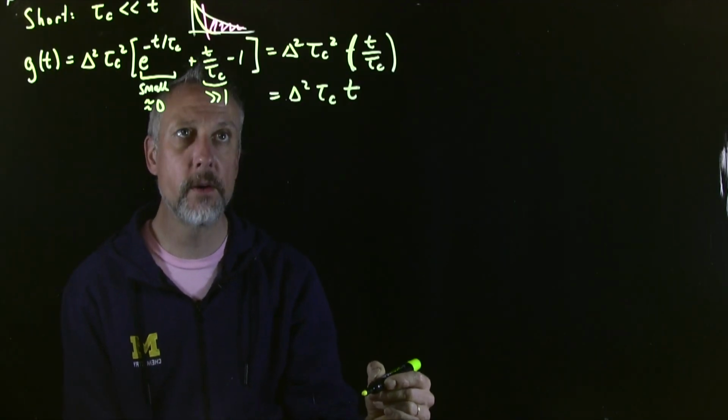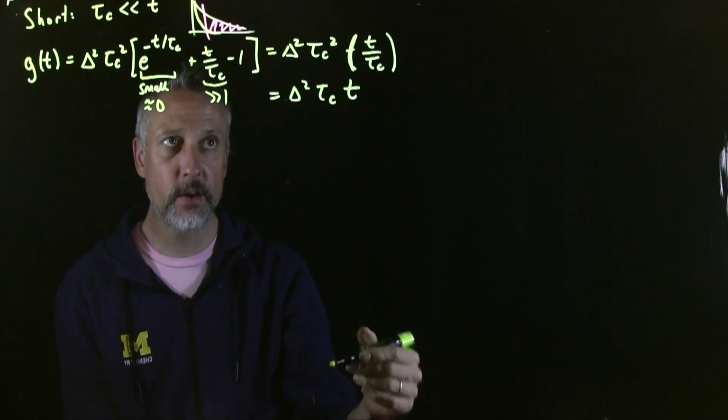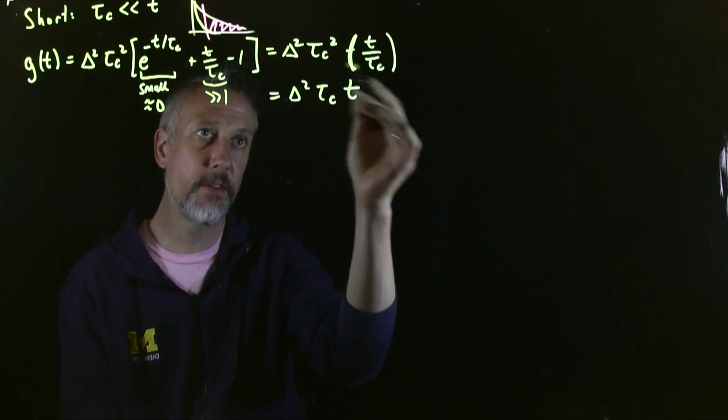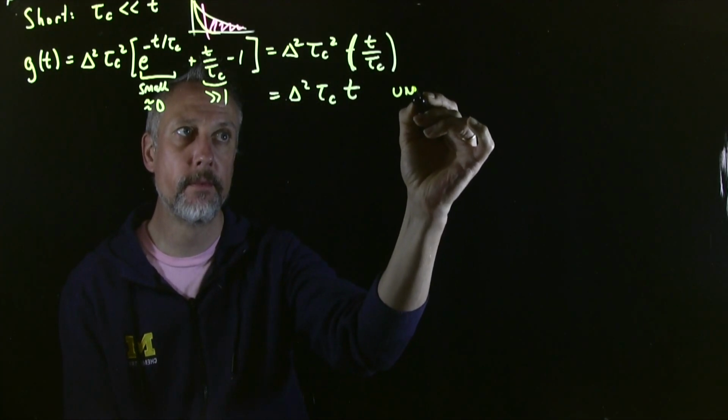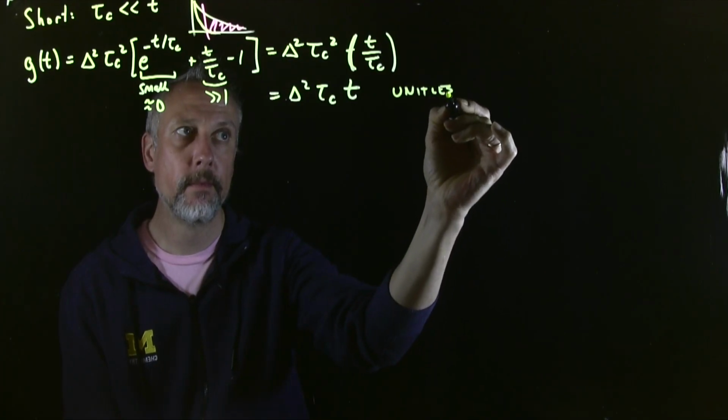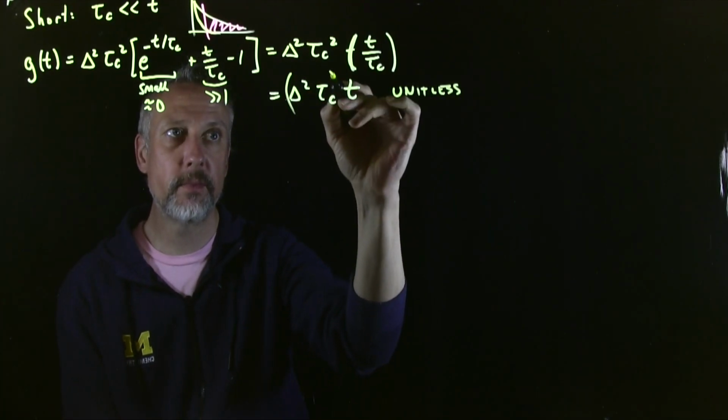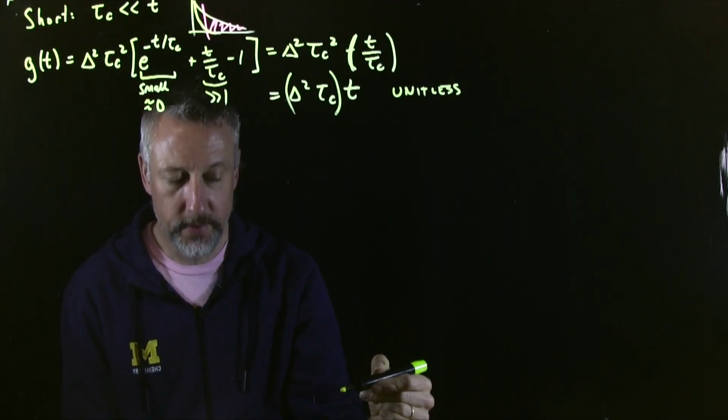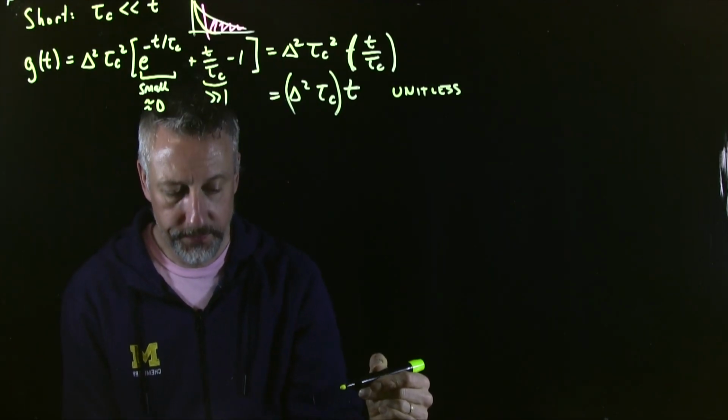What we know is that this whole thing is going up into an exponential, so it has to be unitless. So we know automatically that this piece here has units of inverse time.